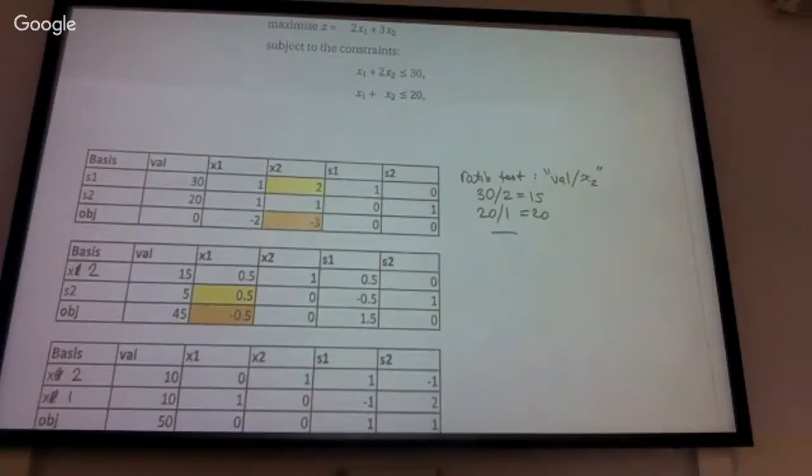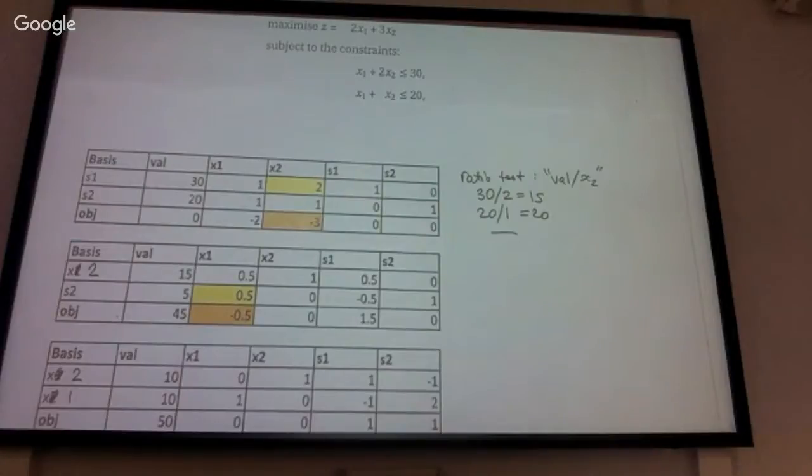By now you should be able to write the first tableau as a table like this. The right hand side here, then the coefficients, and the slack variables, as many slack variables as you have constraints, and then pivoting.